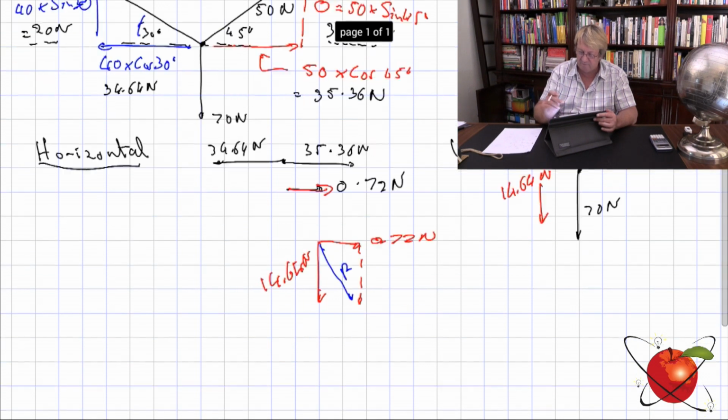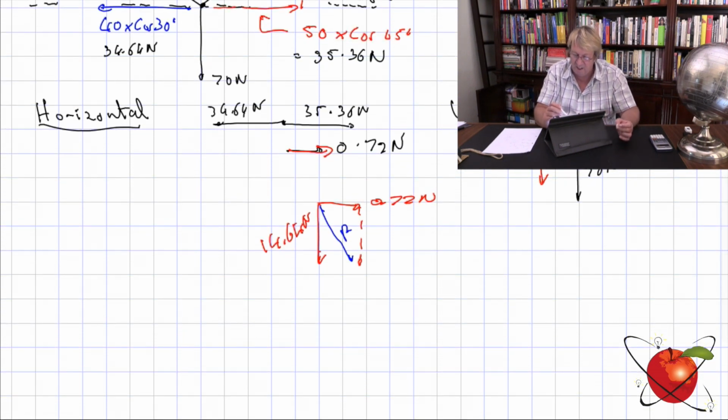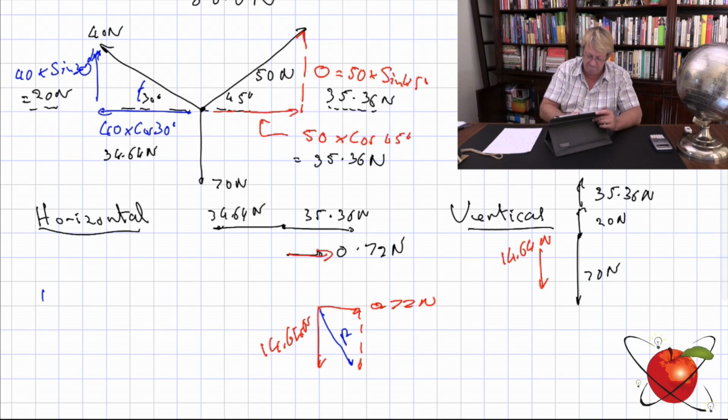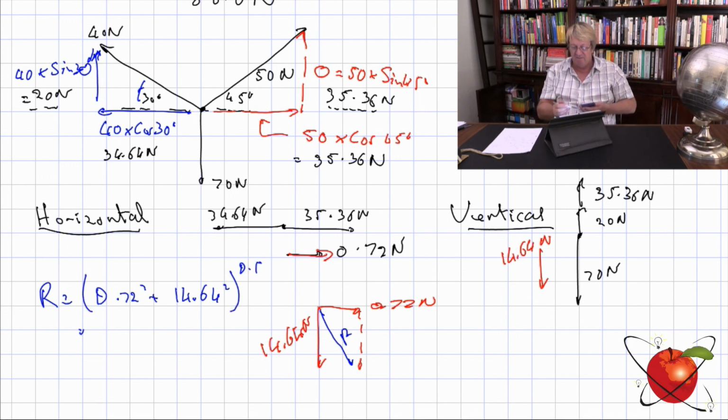What do we say? In this case, the resultant is going to be equal to 0.72 squared plus 14.64 squared, all to the power of a half. 14.64 squared is that, plus 0.72 squared equals that, and to the power of a half is going to be 14.66. It's obviously because that's very small.